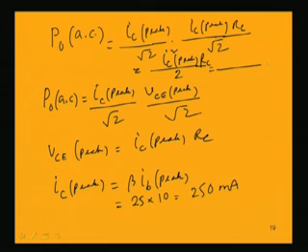Now, if we replace IC peak by 250, this is milliampere. So, we will convert to ampere by multiplying by 10 to the power minus 3, and RC value we know is 20 ohm. Now, our units are in conformity, we will get the output in watts.